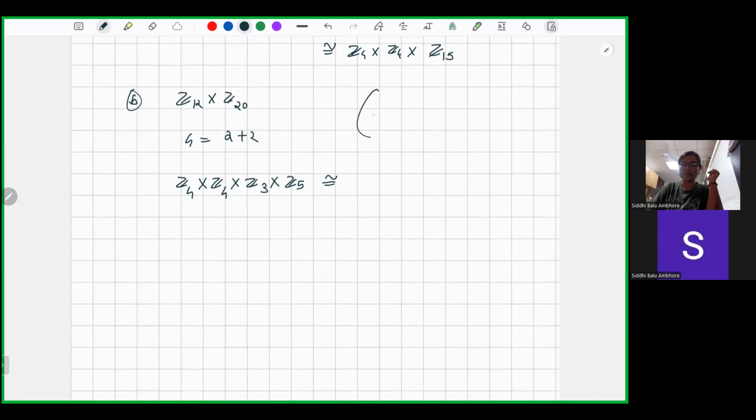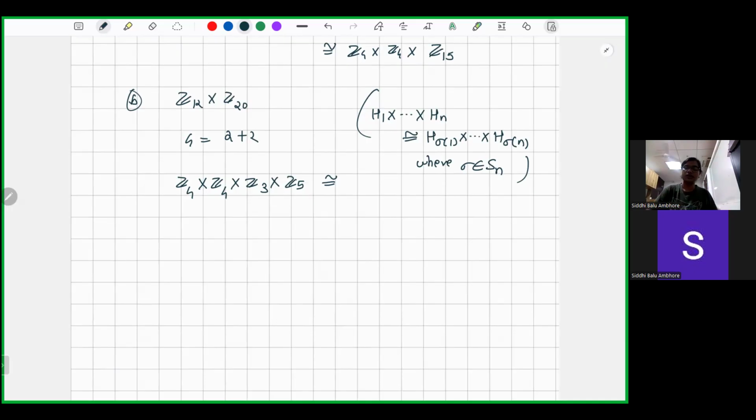So if you remember, we did this H1 cross H2 cross up to Hn is the external direct product or the direct product. We can have this H sigma 1 cross up to H sigma n, where sigma belongs to this Sn. So these Hi still hold the permutation, the cross product does not change the isomorphism.